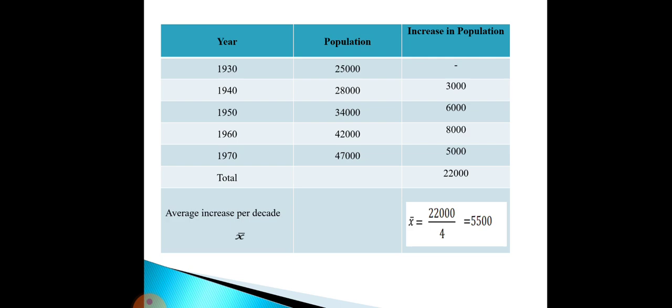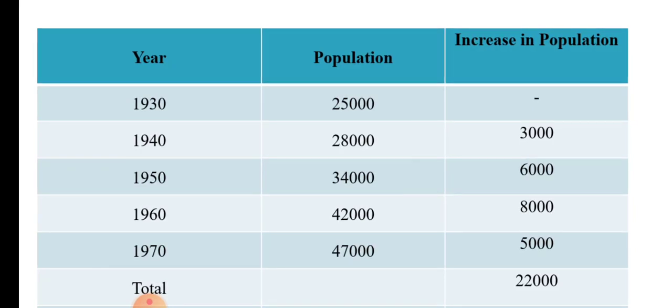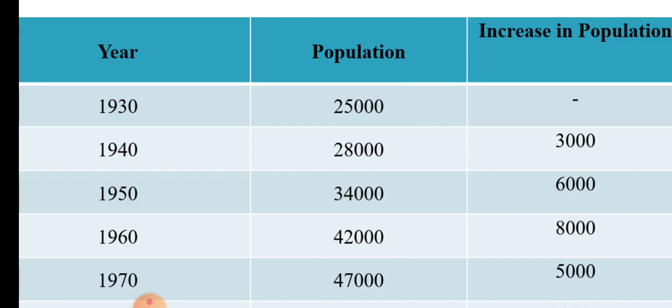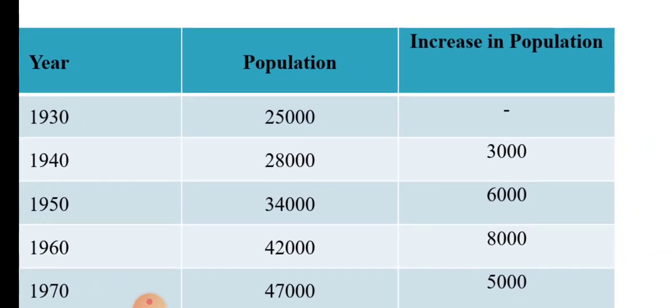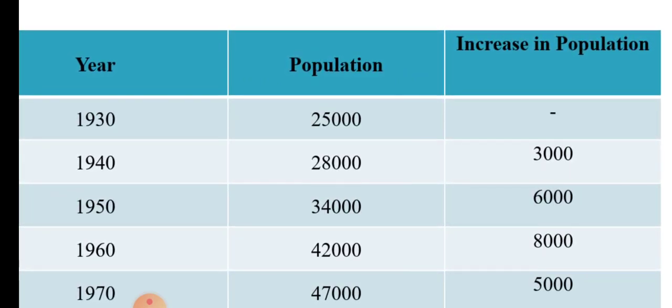We know that in the year 1930 the population is 25,000, and in 1940 the population is 28,000. Obviously the increase in population for this decade, one decade meaning 10 years, is 3,000.